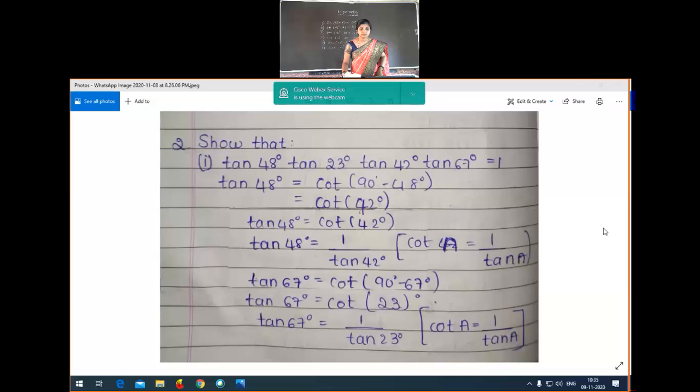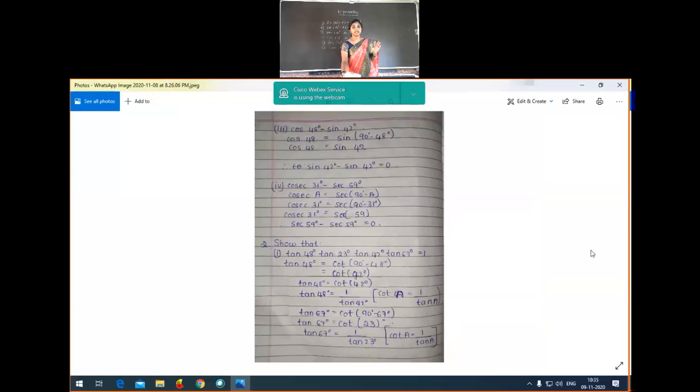One second. Okay. Now what we have to do? We have to substitute this tan 48 as 1 by tan 42 and tan 67 as 1 by tan 23. That's the work we have to complete. So we'll go to the next page now, just a simplification page.